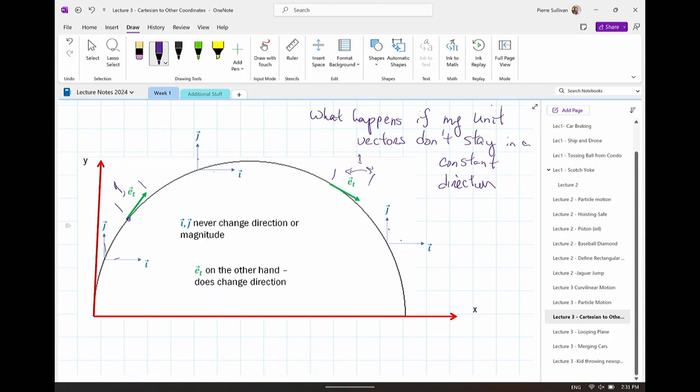So when I'm solving a problem that has a tangential unit vector, I'm going to have to define another one, the normal component. I'm going to have one that changes direction. So clearly, I'm going to have to worry about calculating derivatives there.